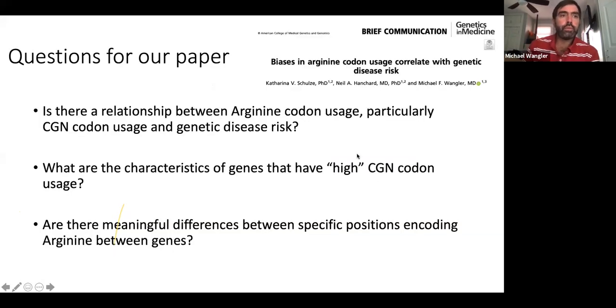So that leads to the paper, and I'll summarize the paper in three areas. The first question we're trying to ask is, is there a relationship between arginine codon usage and particularly these CpG-containing codons?